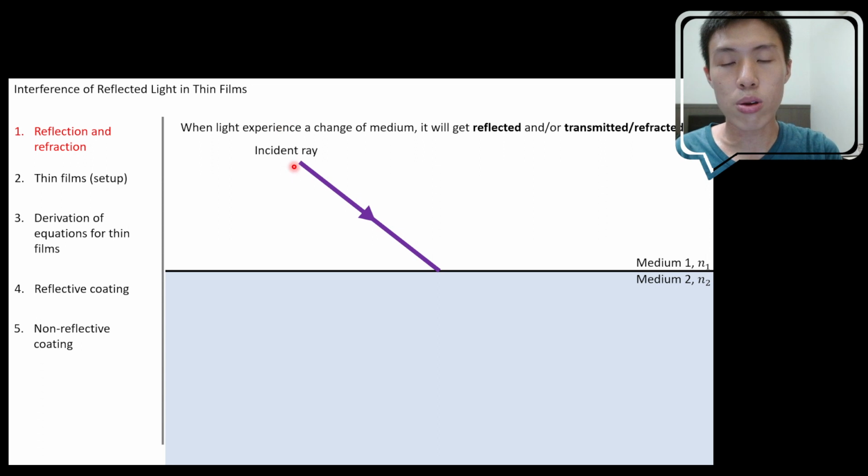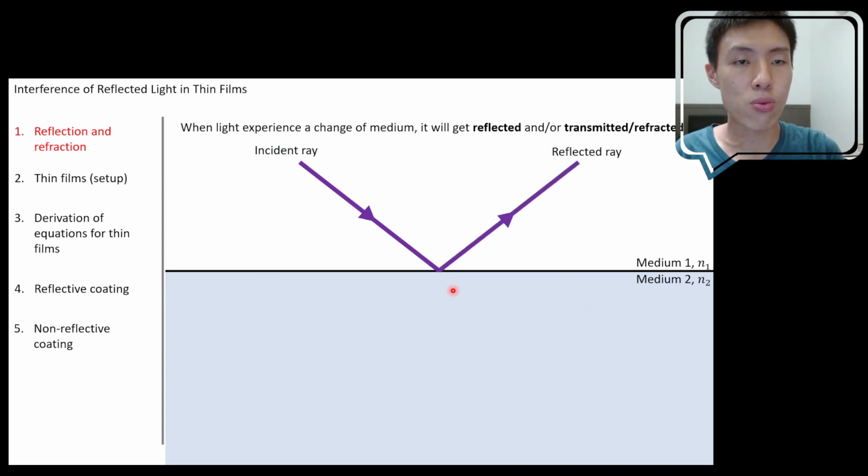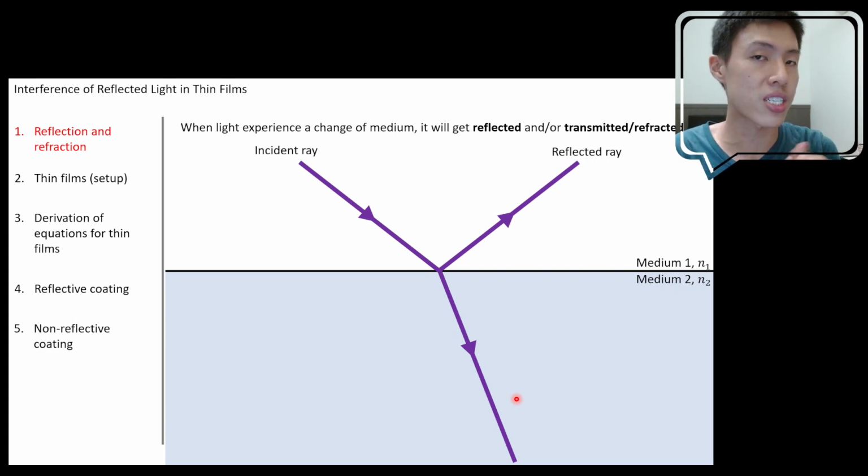Let's say you have an incident ray on the boundary between medium 1 and medium 2. A portion of the light will get reflected back towards medium 1, and a portion of the light will get transmitted into medium 2, or we say refraction occurs. It's usually a combination of reflection and refraction occurring simultaneously.